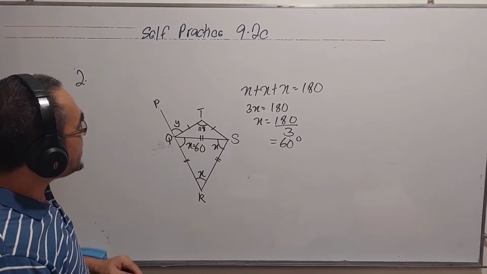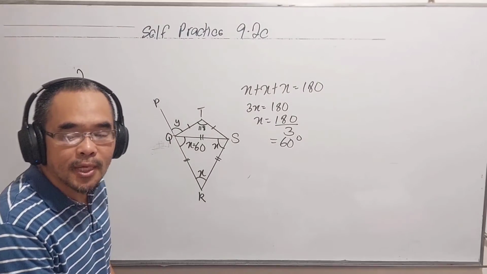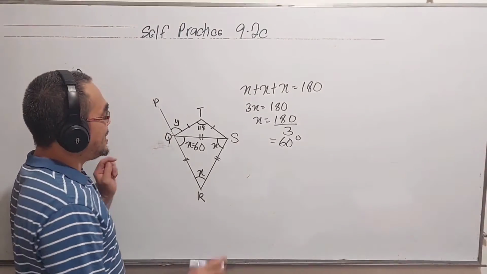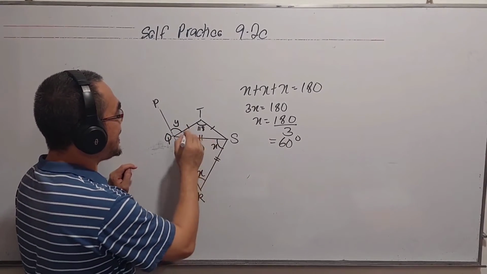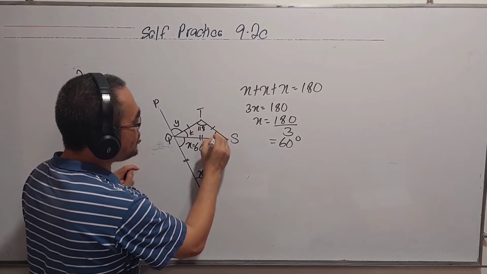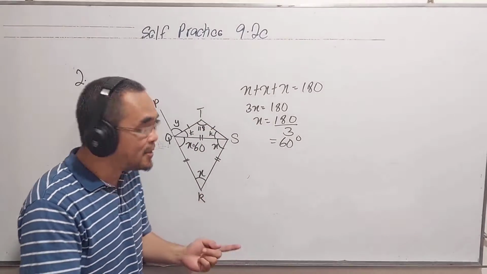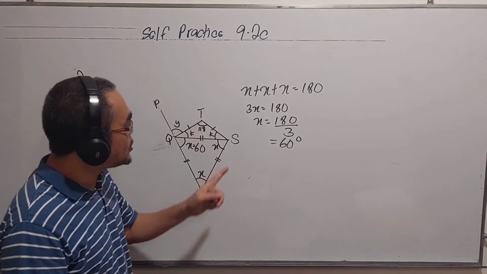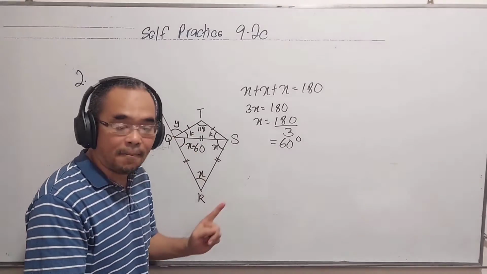Then, in order to solve y, you have to solve the triangle. I will label here, for example, as k. This side is also k, because this is an isosceles triangle. Because TQ equals TS, the angles at Q and S are the same.